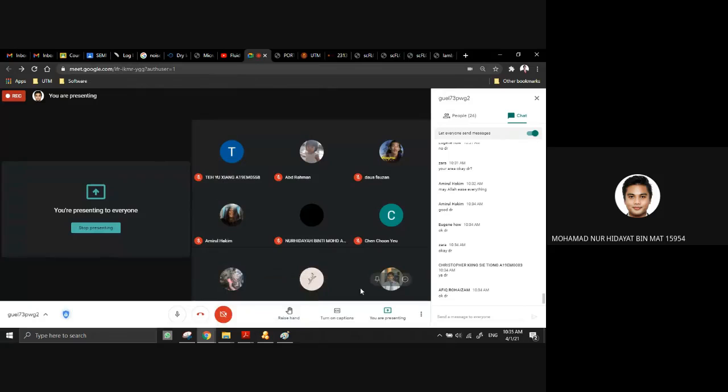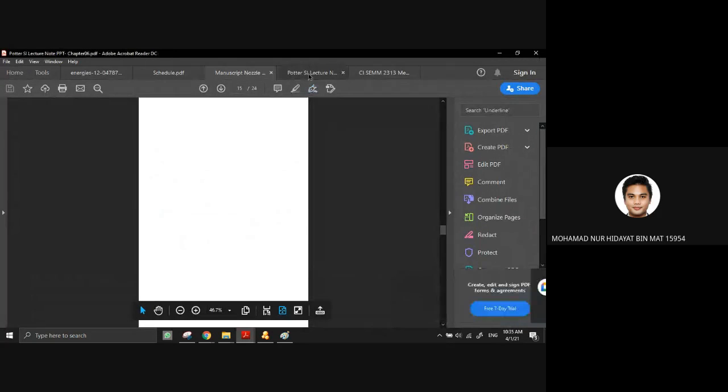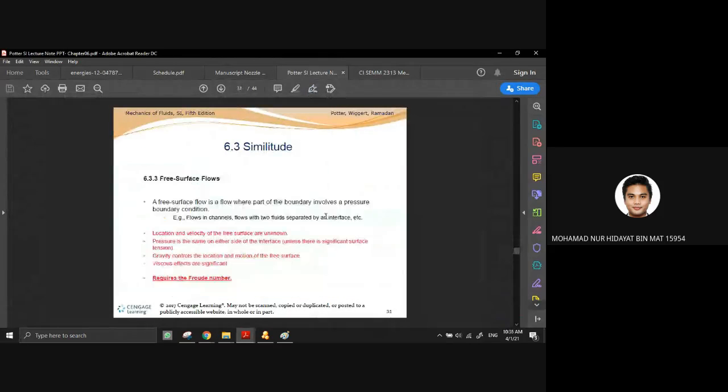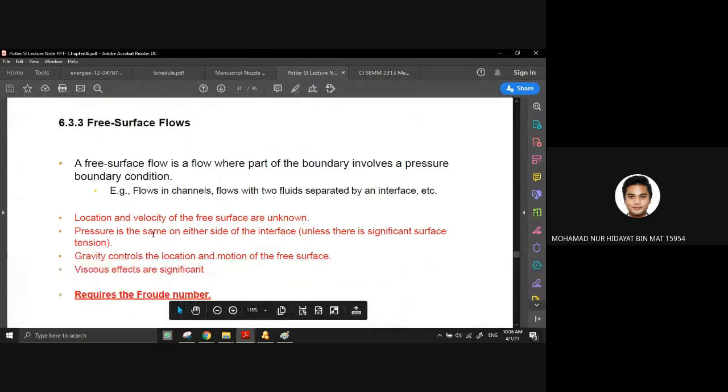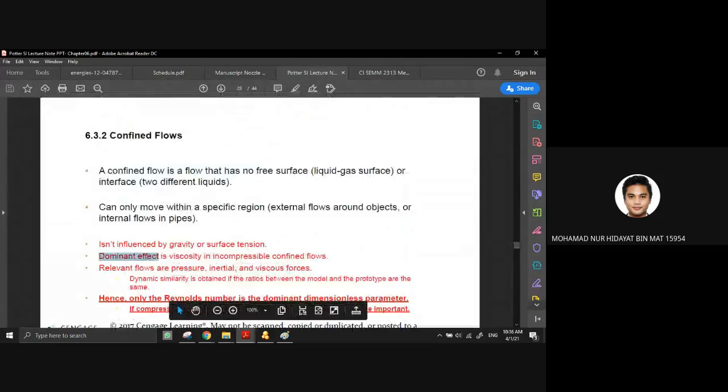Is it the Weber number that shows the significant effect with the viscosity? Okay, you look at here. You can see dominant effect is viscosity. So when the question gives you the situation, the flow is in confined flow, that means the dominant effect is viscosity in incompressible confined flow.